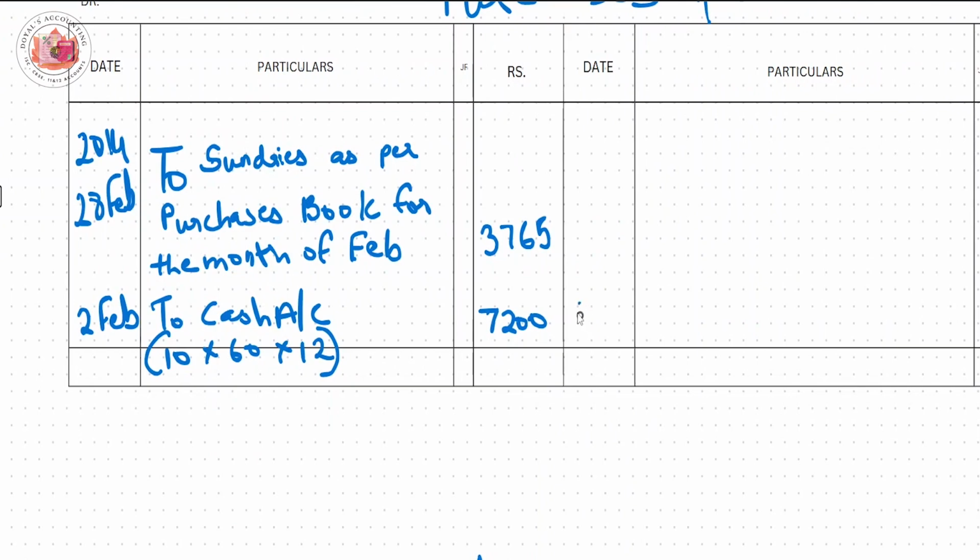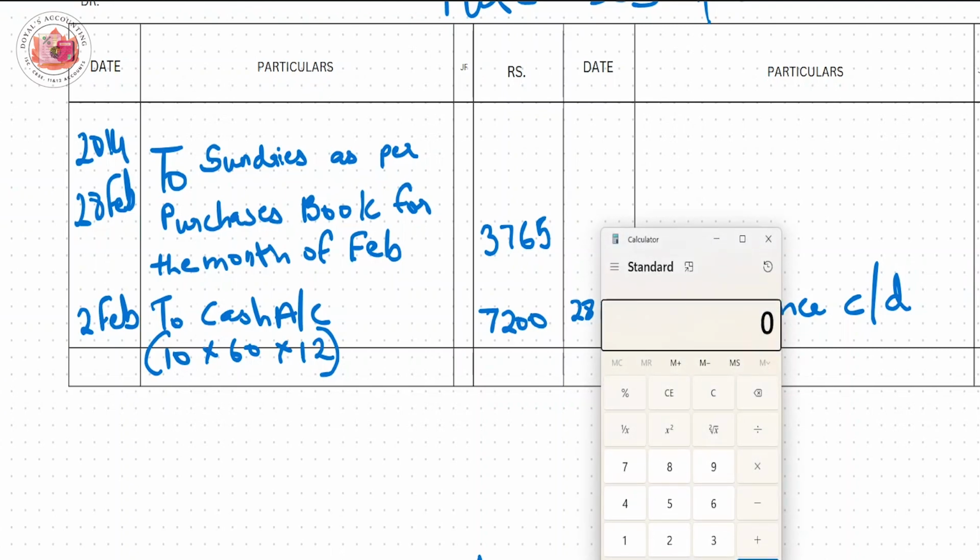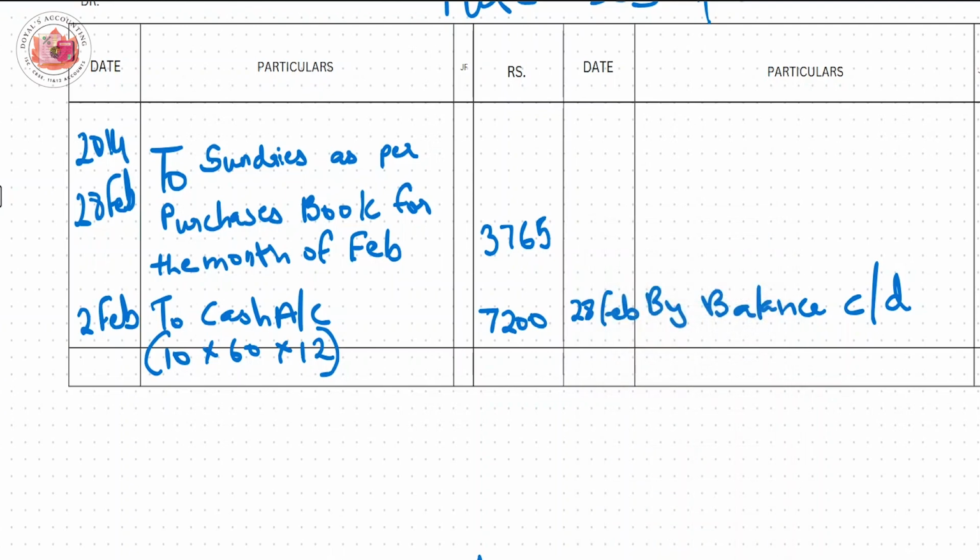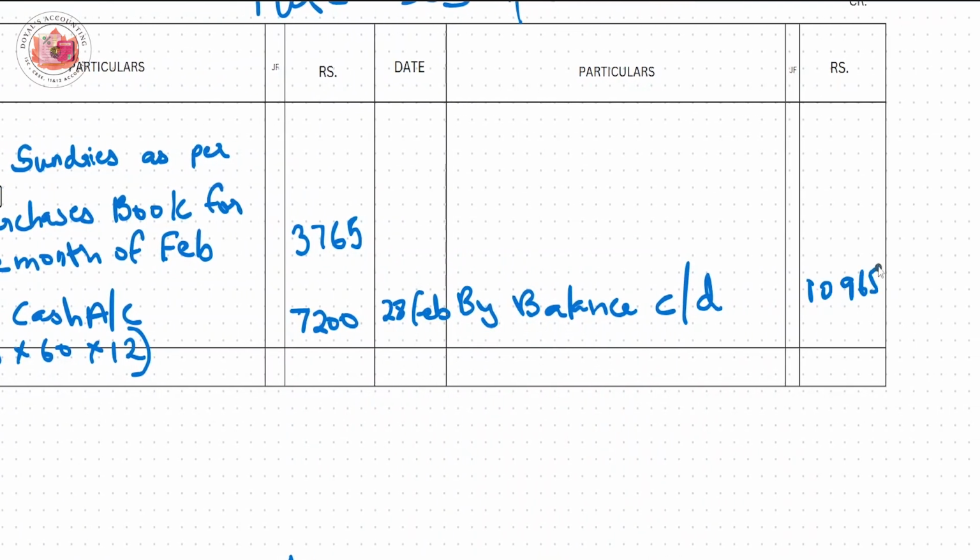Then on 28th February, by balance carried down, 7,200 plus 3765, 10,965. Okay. And my totals are 10,965 and 10,965.